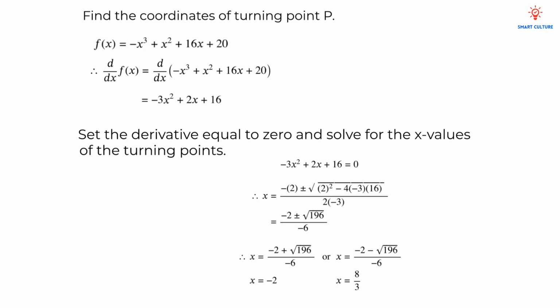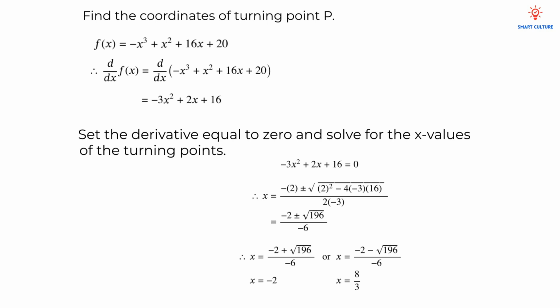Now we have two answers. And in this case, it actually makes sense because the graph has two turning points. If you take a look at this graph, which answer corresponds to point P? Since x = -2 is one of the roots of the function, point P must be the turning point with x = 8/3.